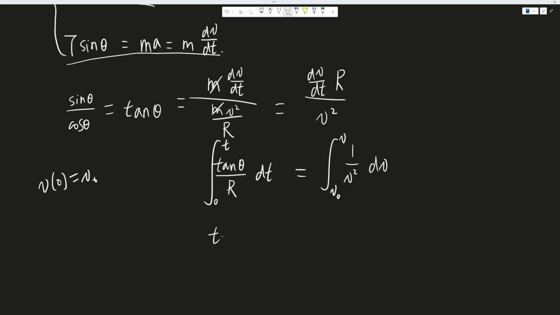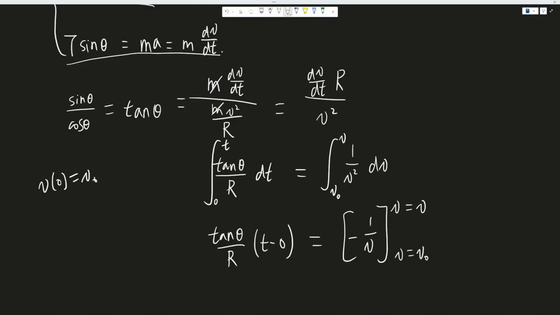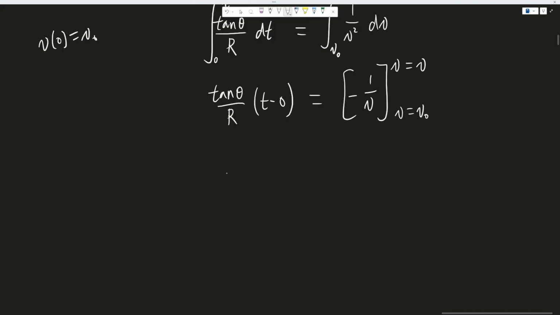So now we have tangent theta over R times t, or t minus 0, equals, let's try integrating this, negative 1 over v, plugging in v equals v0 and v equals v. So tangent theta over R times t equals negative 1 over v minus negative 1 over v0.